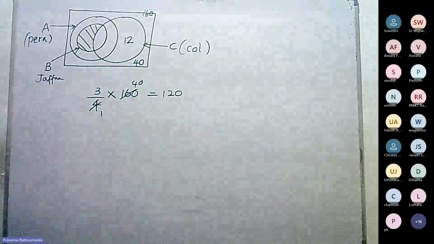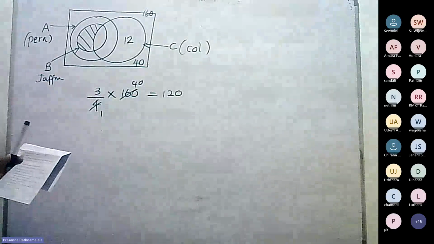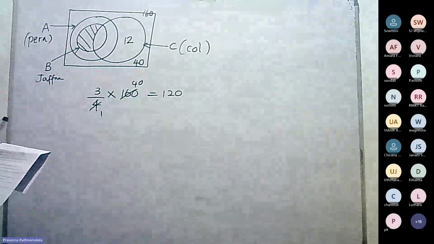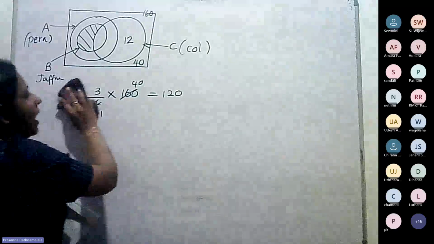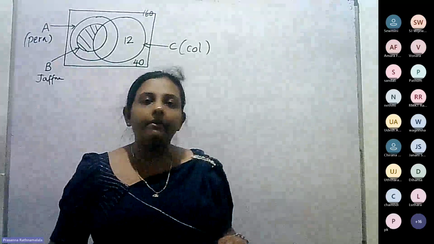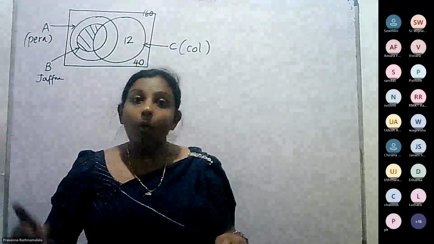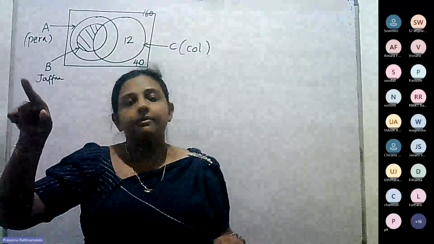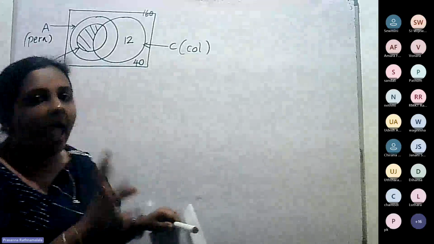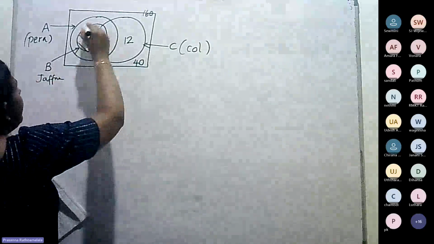Next, among 60 students who applied for Peradeniya and Colombo. Peradeniya and Colombo, that is the intersection. What is the region it represents?